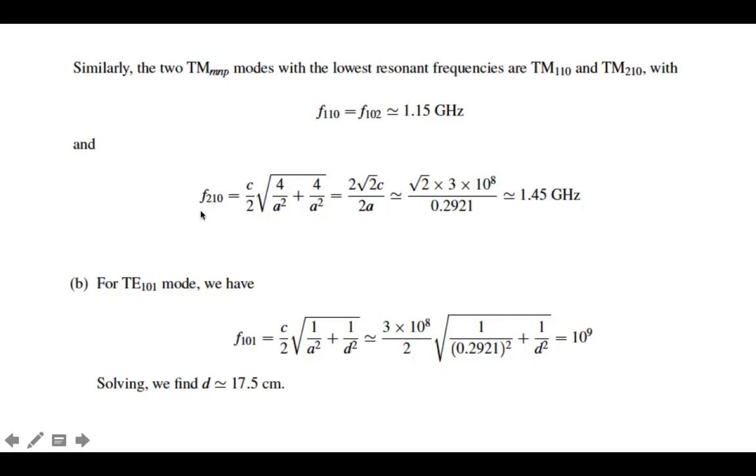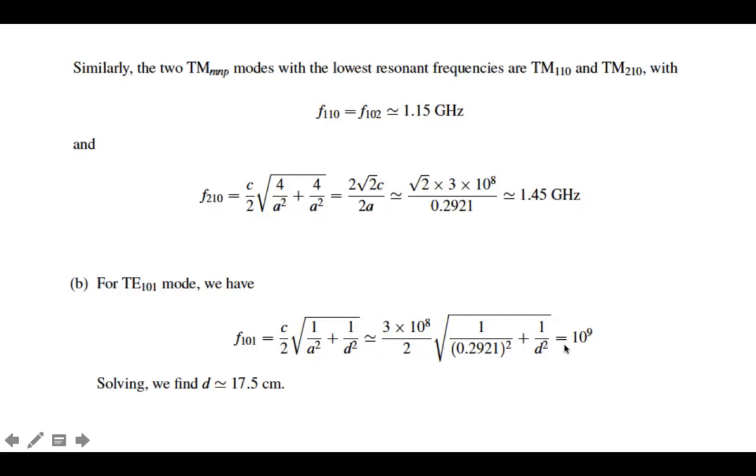And remember, I may have said cutoff earlier, but this frequency is actually not a cutoff frequency, it's a resonant frequency. It's basically the only frequency at this mode that will resonate in this cavity. Now for the TE101 mode, we can use the same formula, and what we want to do here is solve for D because we want this to be equal to 1 gigahertz, or 10 to the ninth.